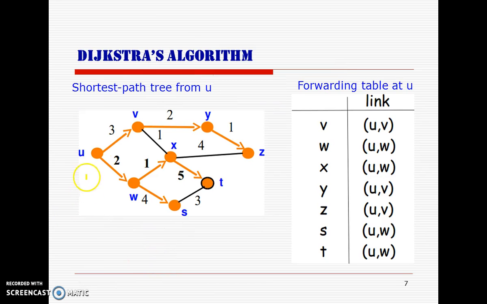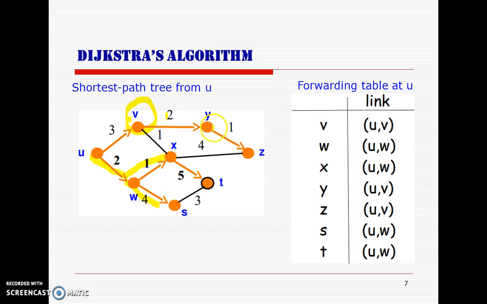So what will the shortest path tree be? Shortest path tree from U is this 2. Then we go to 1 or 4, we can take, and from 1 we get the 5, because we can move from this 5. And from this vertex V we see 2 and 1, so we consider 1.